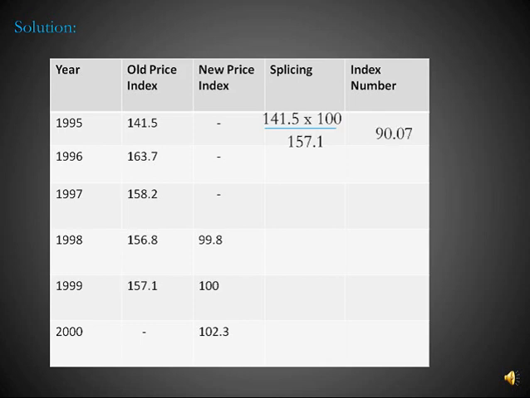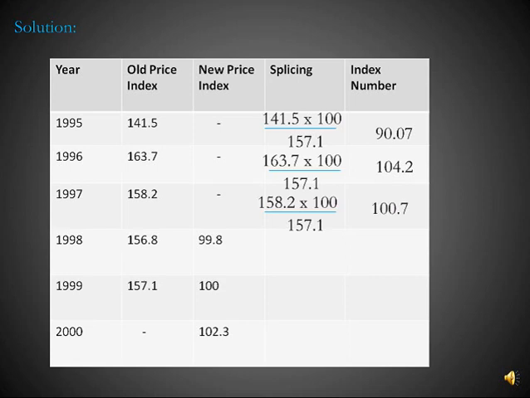So the index number comes to 90.07. Similarly for 96, the old price index number will be P1 and 157.1 will be P0. So here the spliced index number comes to 104.2. Similarly for 97, its price index number 158.2 will be P1 and 157.1 will be P0. So the spliced index number comes to 100.7.